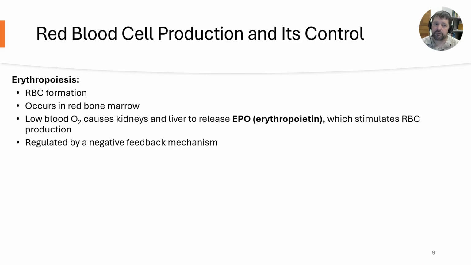Low blood oxygen level will trigger the release of erythropoietin. That's going to stimulate the production of red blood cells in the bone marrow. The negative feedback to this is high blood oxygen, which will shut off the erythropoietin being released, so that would not stimulate the production of red blood cells.